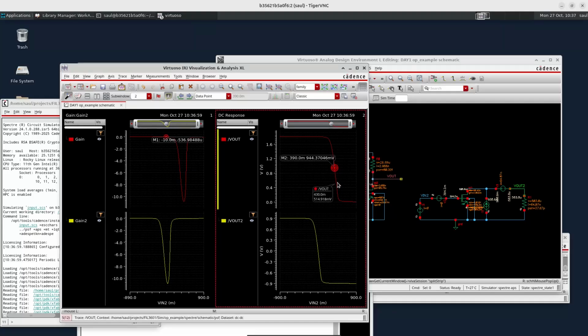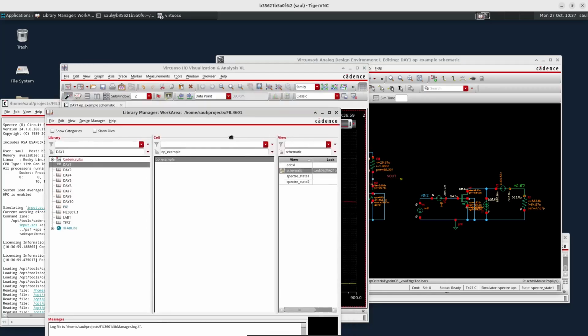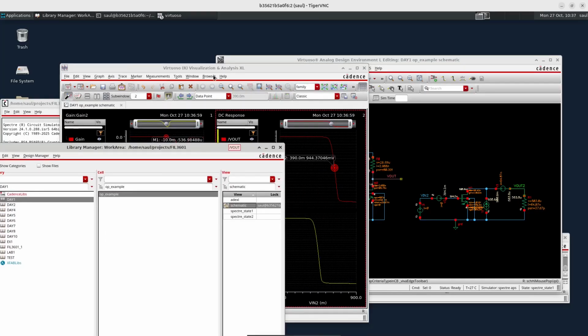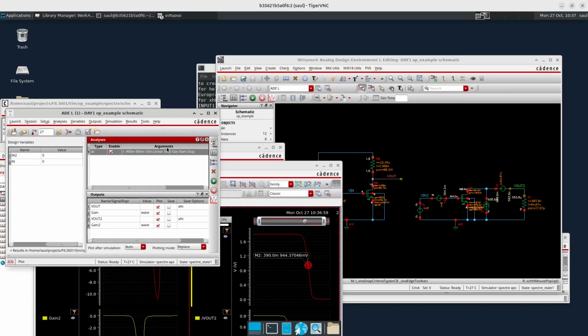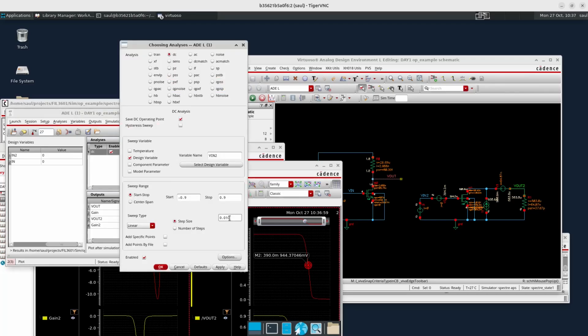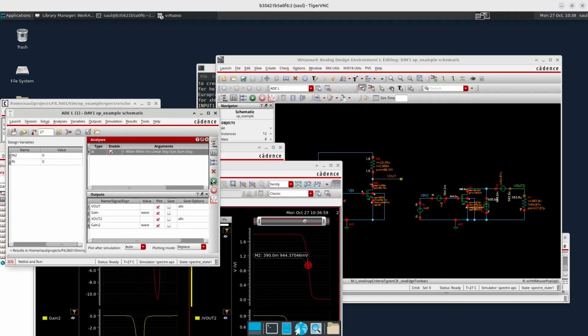I think we can actually do it a bit smaller. We run.